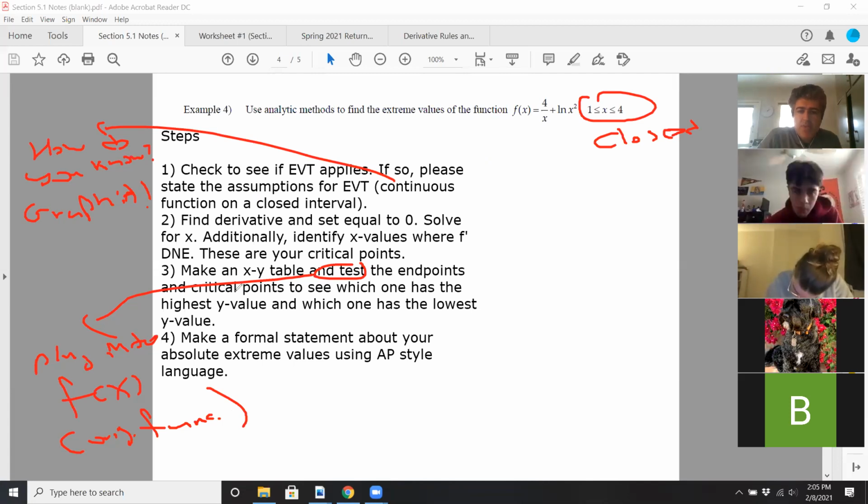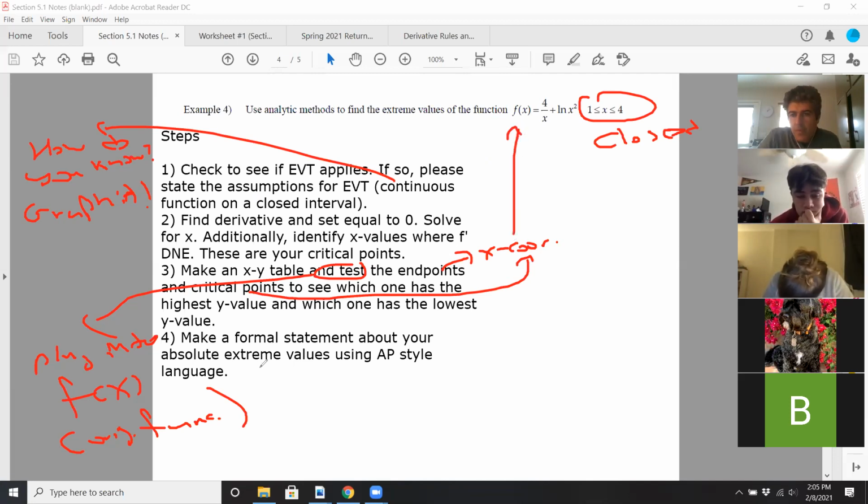And then you make a formal statement at the end. I'll show you how to write that when we follow through on this problem. But these are the 4 steps.